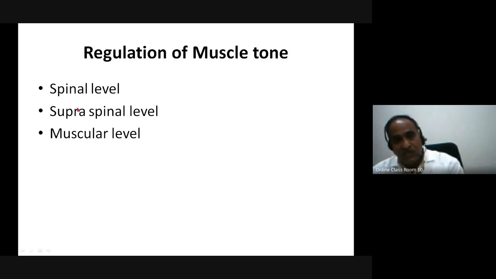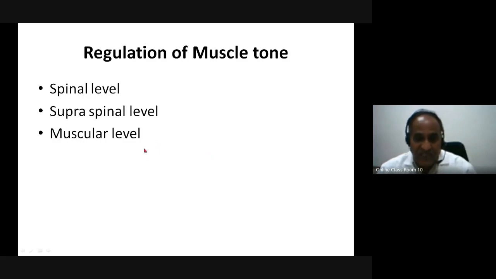So all those conditions which have muscle dystrophies or muscle problems, that means if you are using a neuromuscular blocking agent, or as it happens in case of myasthenia gravis, there is weakness and decreased muscle tone. That is what I was talking about at the muscular level. Suppose the excitation-contraction coupling is not happening, that is another situation where muscle contraction does not happen, and the tone may be decreased.